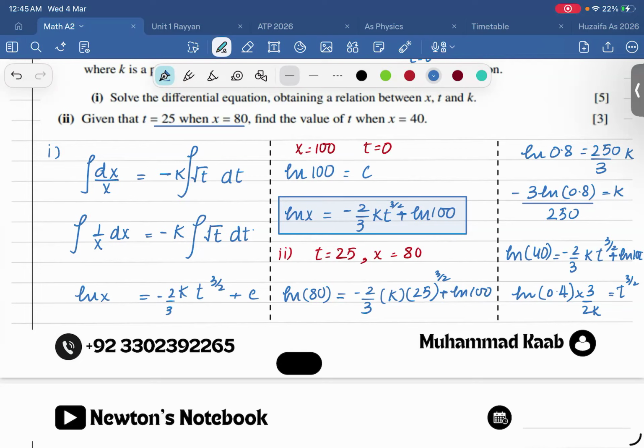So when you solve minus 3 ln 0.8 divided by 250, you will get 2.67 times 10 to the power negative 3, right? And now you can put that back into the equation, ln 0.4 times 3 divided by 2 times the answer, and it equals this.